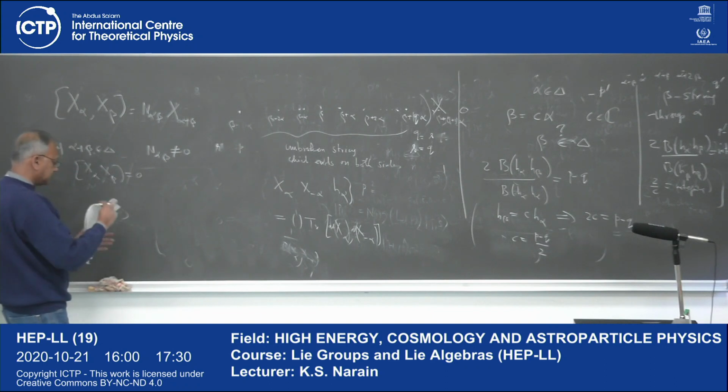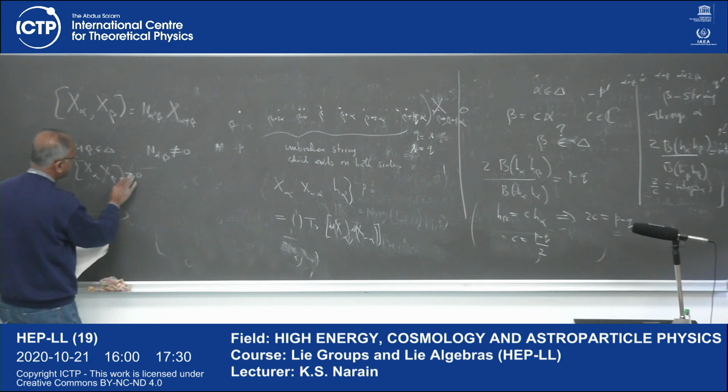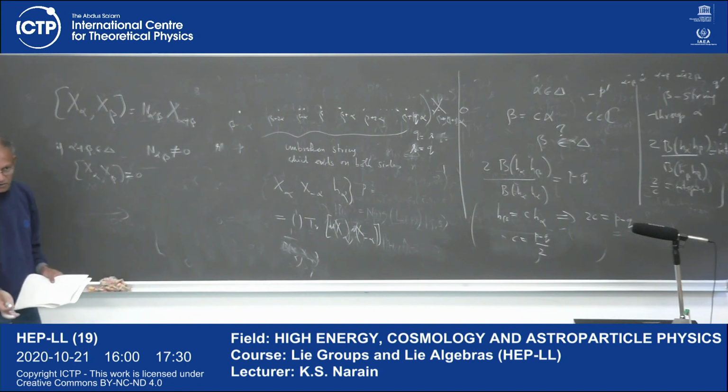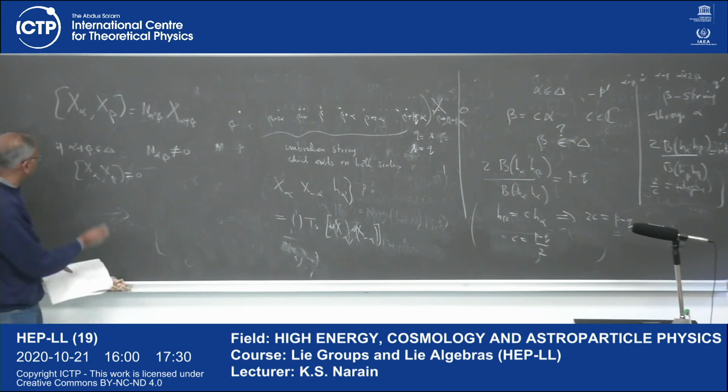Again, let's consider the chain. Again, we assume the contrary. So I assume that this is 0, and then we come to some contradiction.